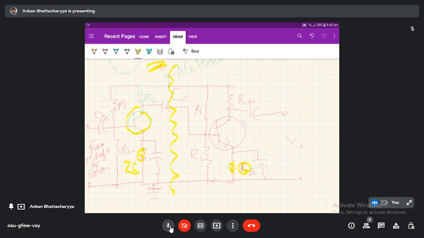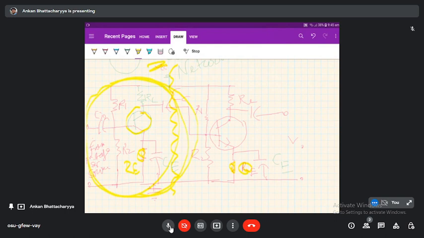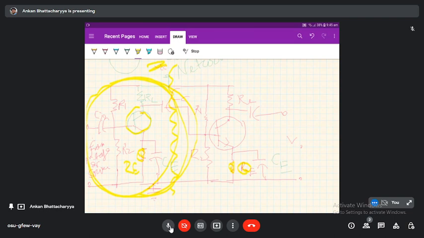This is the bypass capacitor. This is also a bypass capacitor. So these form the self bias network or voltage divider network, which ensures the stabilization of the network.